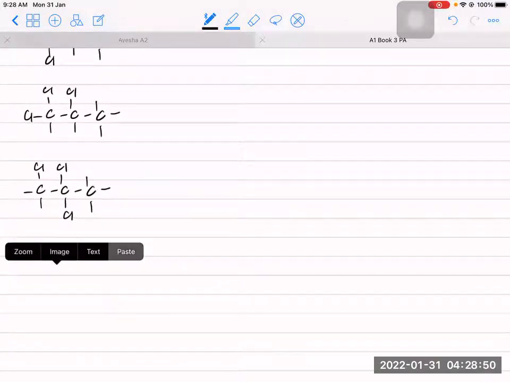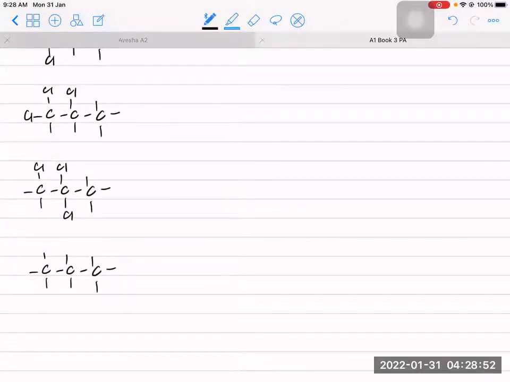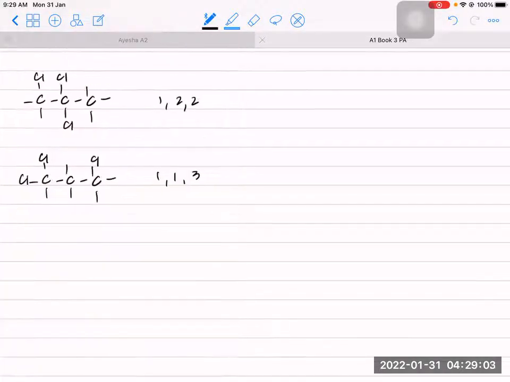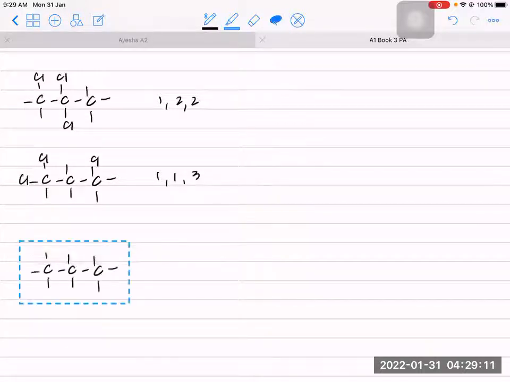What else can we have? 113 trichloropropane. Very good. So you can have 111, you can have 112, you can have 122, you can have 113. Yes, you can't have a 133. 133 will be the same as 113. Yes. Then what else can we have?